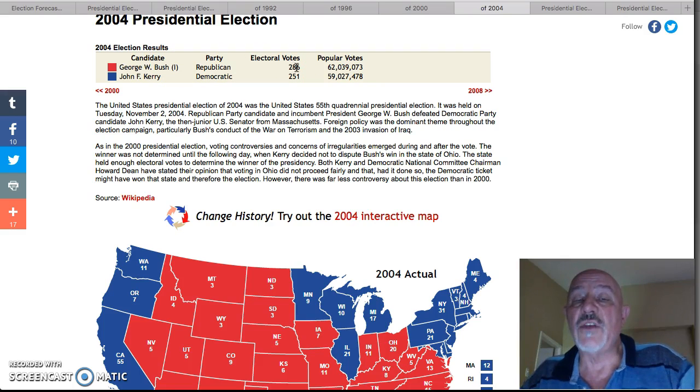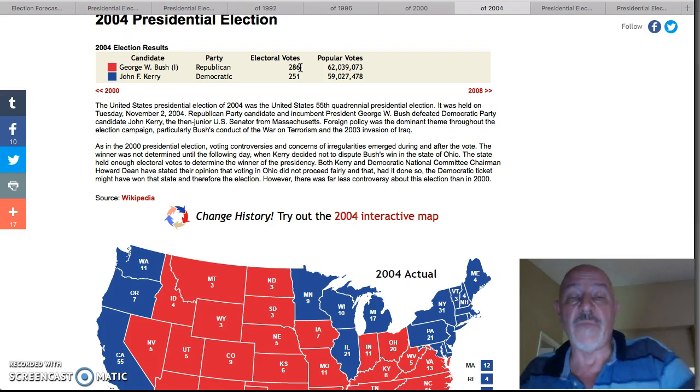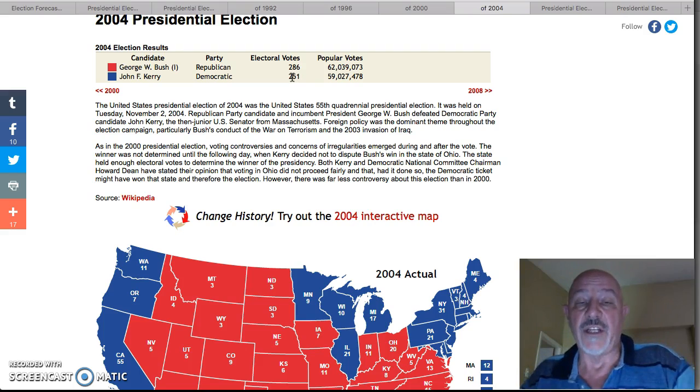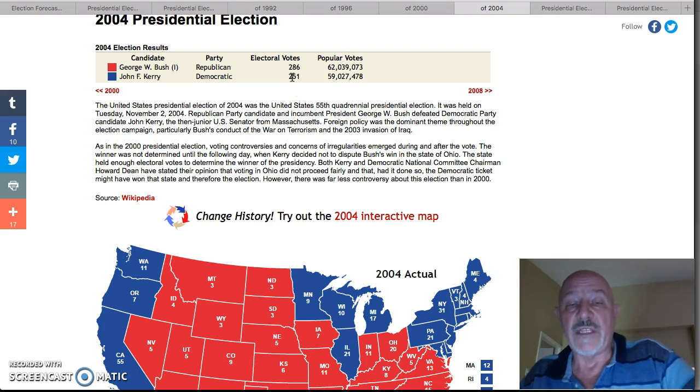Bush received 286 votes, however, so much more comfortable than his first election, and Kerry only received 251, 19 short of that magic number. And the popular vote was rather close, within 3 million votes, 62 million for Bush, 59 for Kerry.